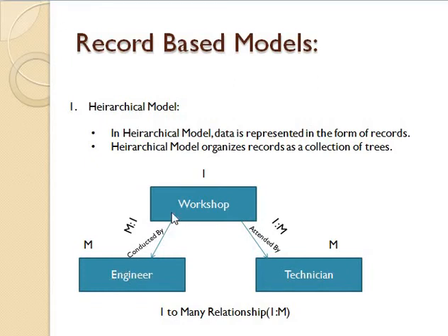We can also say that the workshop being conducted by the engineer is being attended by many technicians. So there is a one-to-many relationship between the entity workshop and the entity technician, as for one workshop there are many technicians who will be attending that workshop.